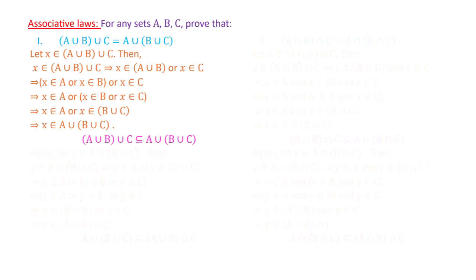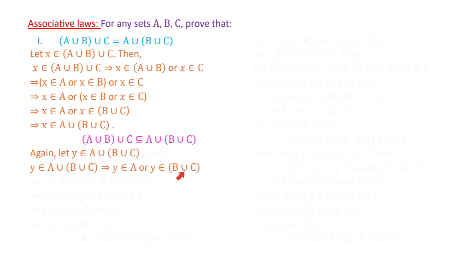Next we are going to prove that this set on the right is a subset of this set. So we are considering an element from this set A union (B union C). We are saying let Y be the element which belongs to this set. Then this will imply that Y belongs to A or Y belongs to B union C. We have this union over here, and from this union we can write OR over here.